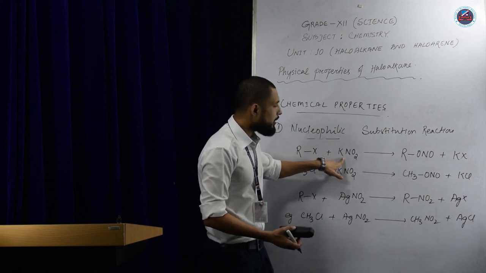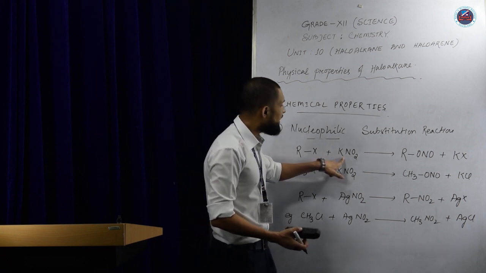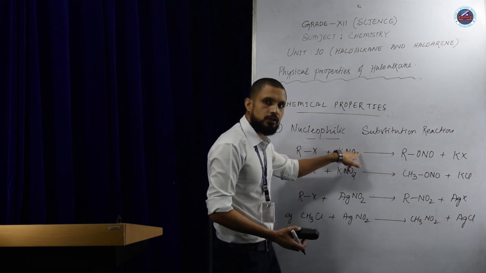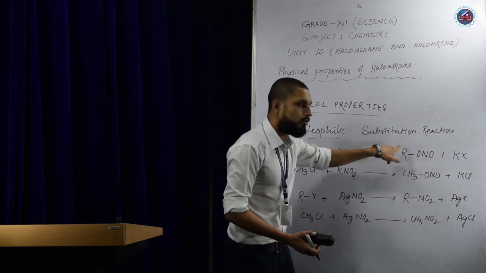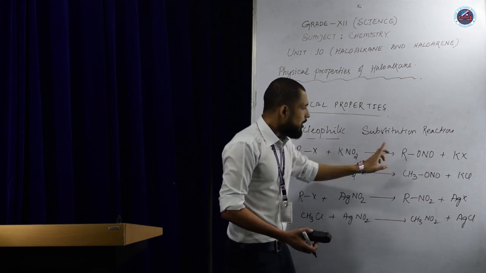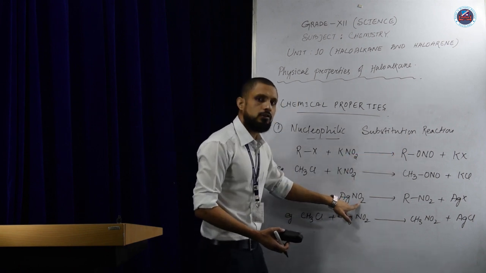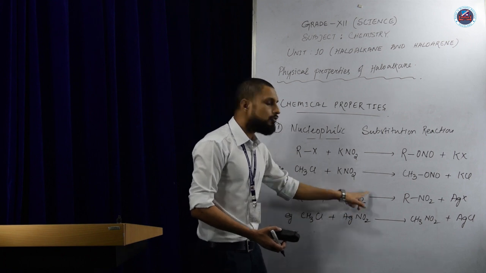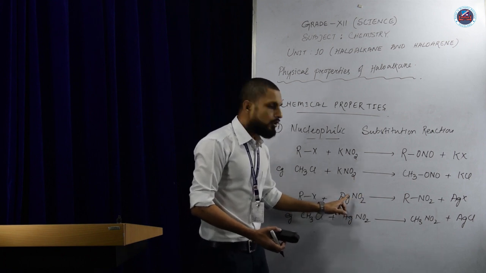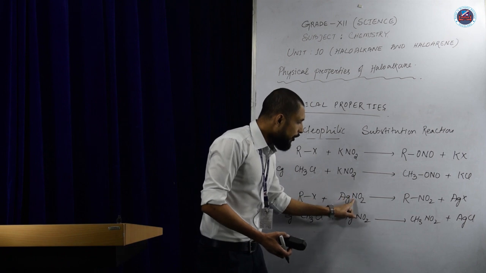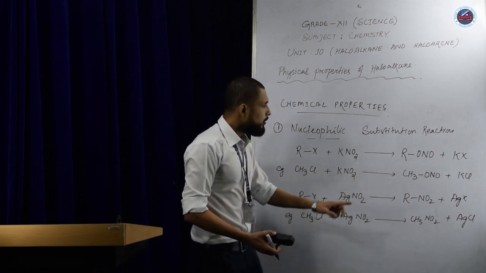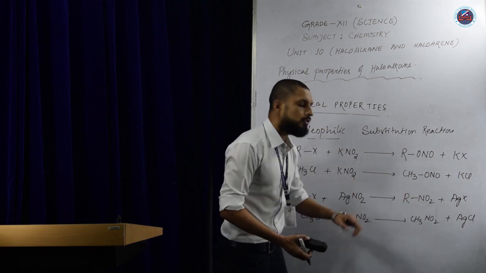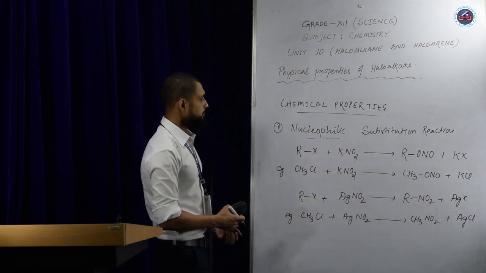So it will give ions and there will be a negative charge on the oxygen atom. That's the reason the oxygen atom will form a bond with the alkyl group. But if you take AgNO2, AgNO2 is covalent in nature. So in this case, nitrogen will be a better donor than oxygen. So nitrogen will form a bond with the alkyl group.